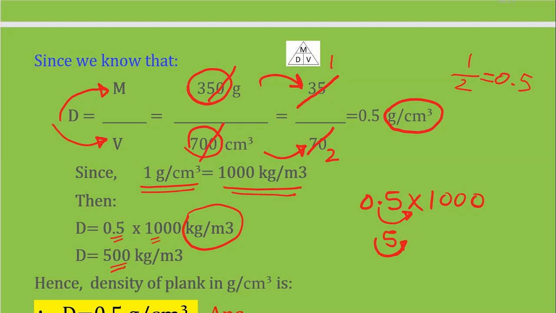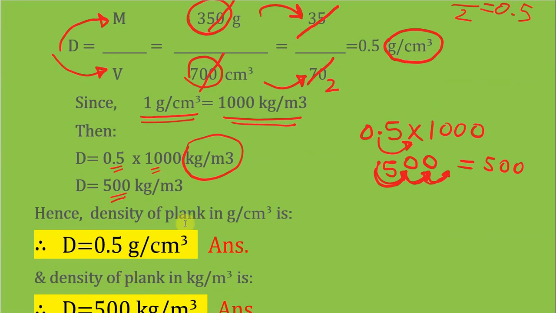That is first digit, then second digit, and then third digit. Here you have to use 0 because you move from here. So that is 1, that is 2, and this is 3 altogether. So 0.5 multiplied by 1000, you will get 500. Or you can use calculator.